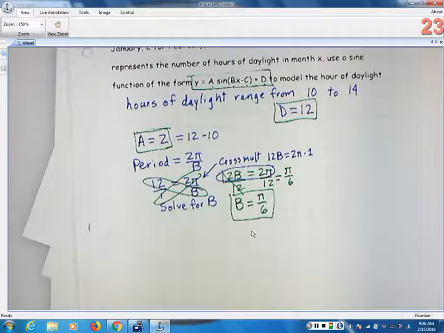So this right here is the cross multiplication. 12b equals 2 pi times 1. So that's where I got 12b equals 2 pi from cross multiplying. And then the 12 came from because 12 times b, in order to get b by itself, you need to divide by 12.